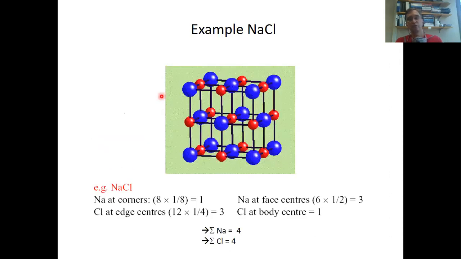So let us briefly apply these rules to one example, such as the sodium chloride crystal structure. You see here the unit cell of sodium chloride. You see that one atom type is on the corners. We can define this, for instance, as the sodium. We could also define that as the chlorine.